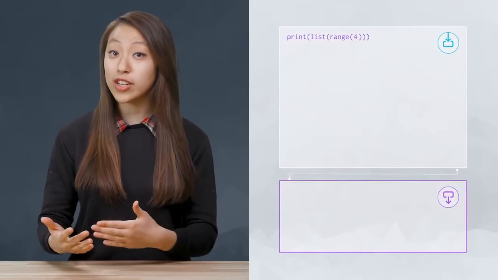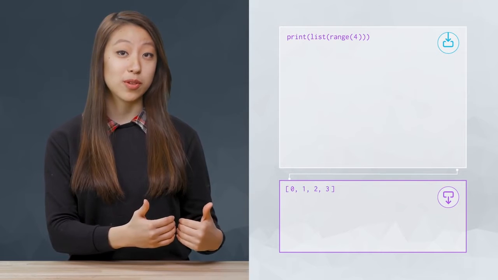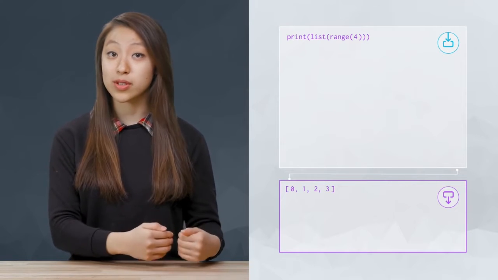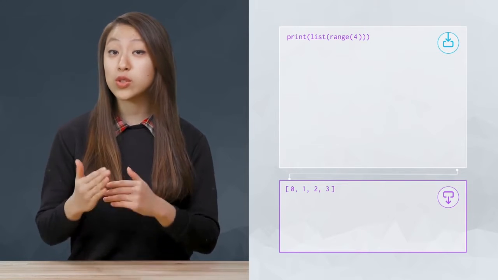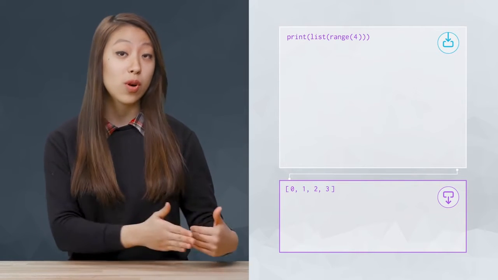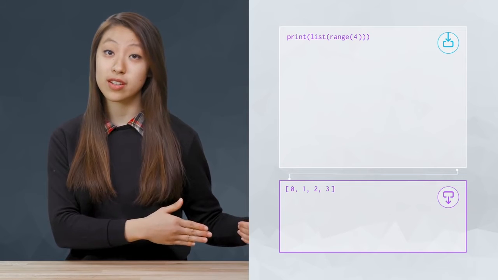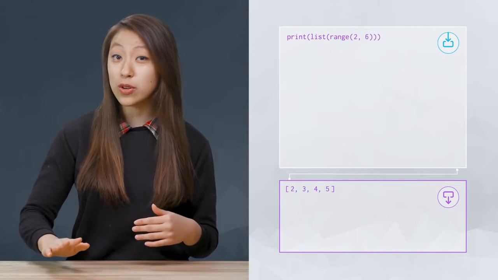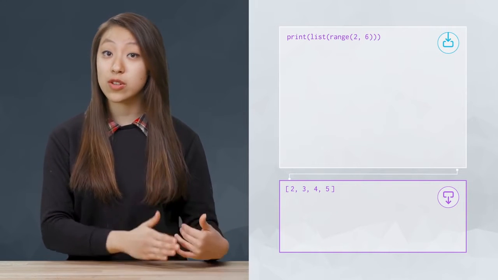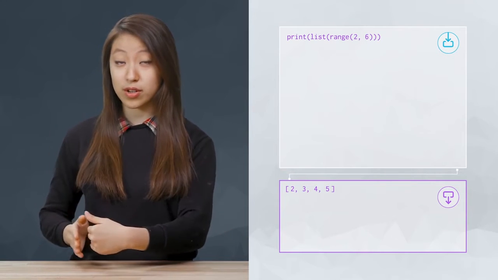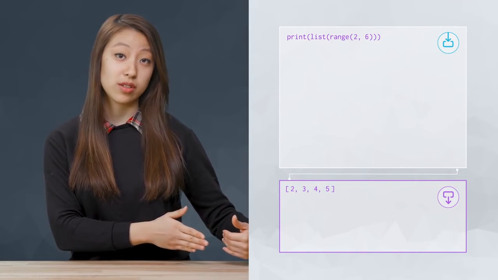Calling range with 1 integer will make that the stop argument and return a sequence of numbers from 0 to that integer minus 1. So range(4) returns 0 through 4 minus 1, which is 3. Calling range with 2 integers will make those the start and stop and return a sequence of numbers from the first number to the second number minus 1.